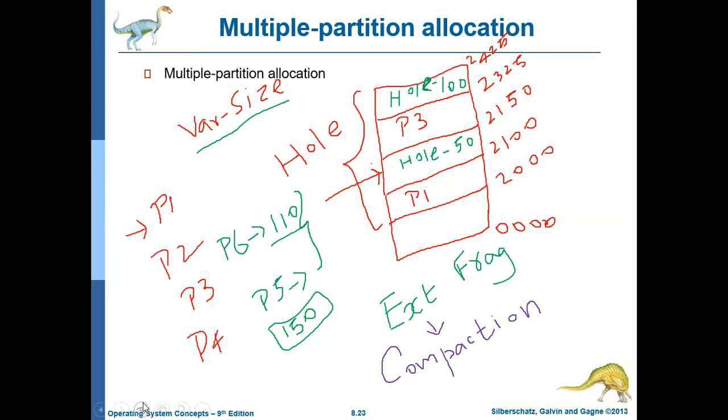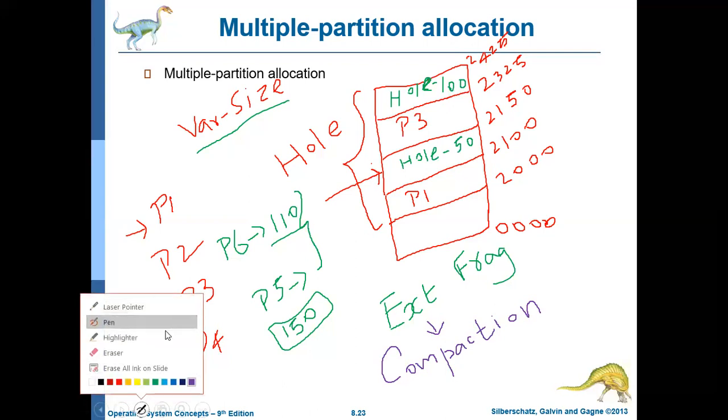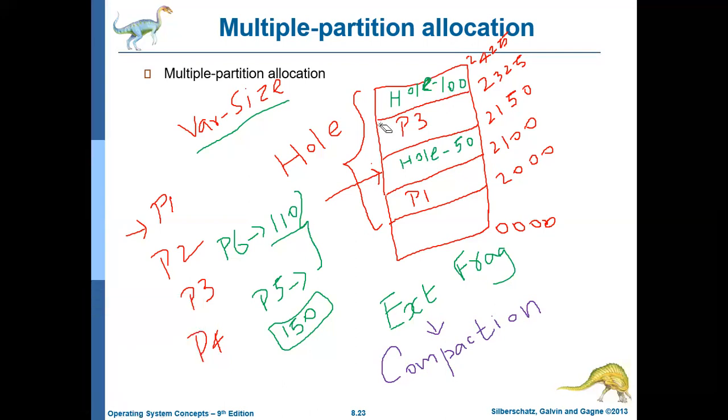So in that case, P3 will be moved below into this hole depending on its size. Okay, in our case, P3 occupies how much memory? P3 occupies 175 MB. Okay, and this hole is 100 and this hole is a 50 MB hole.